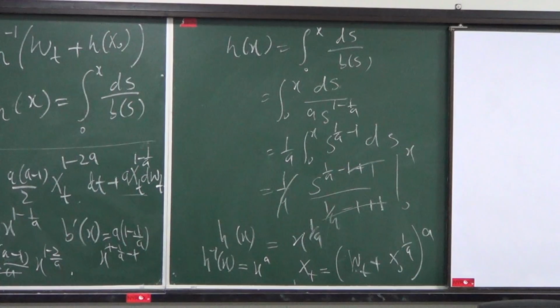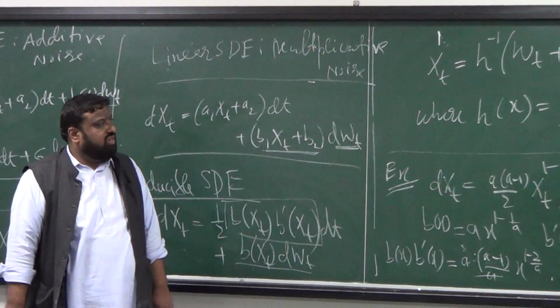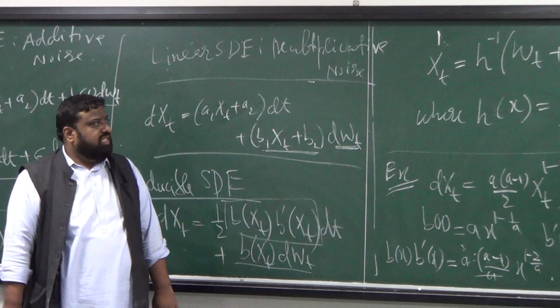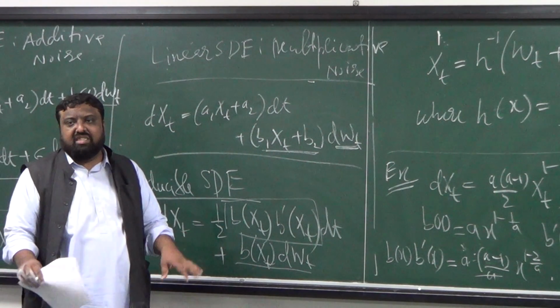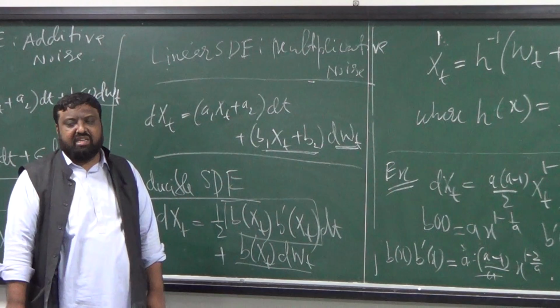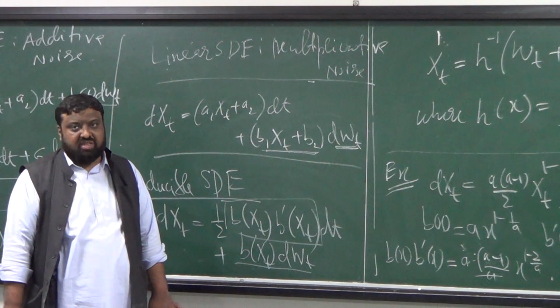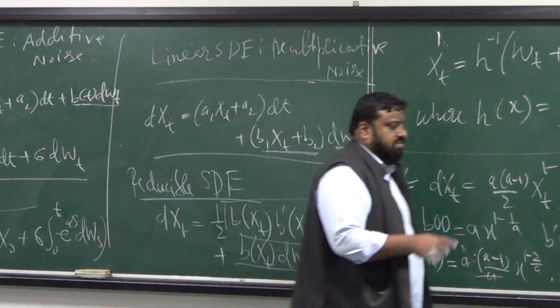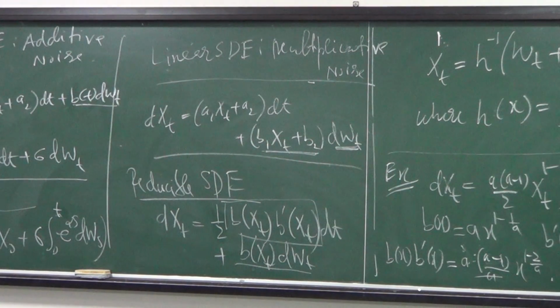And the meta conclusion of this discussion should be that there are some kinds of SDEs for which you can really solve things analytically. But they are very limited, obviously. So linear can be for sure solved, and non-linear, there are some kinds of non-linear things that you can solve.